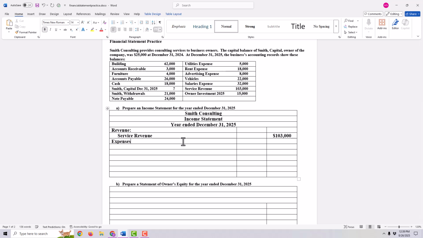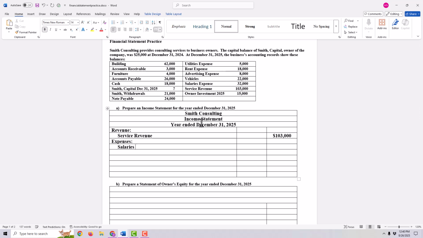And then the expenses are going to be listed from the largest to smallest expense. So basically just look up here and look for anything with the word expense beside it. We have utilities expense, rent expense, advertising expense, and salaries expense. So those four expenses are going to be in this list, and we're going to put them in the order of the largest amount to the smallest.